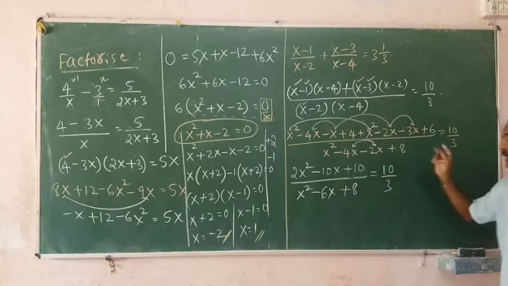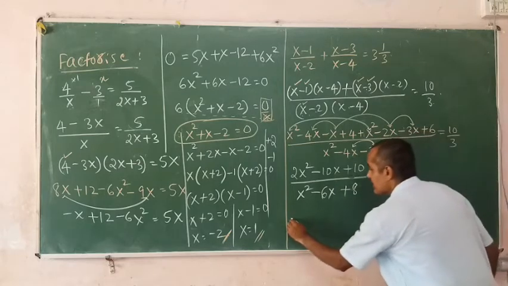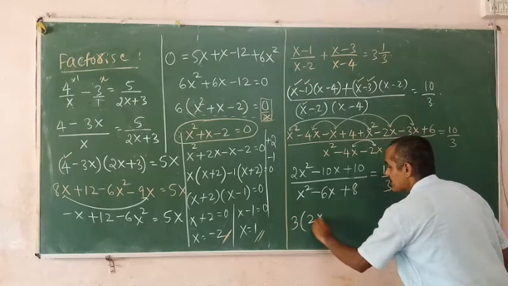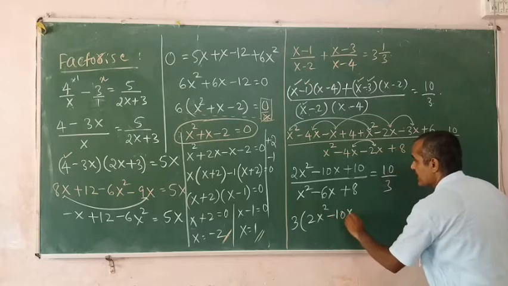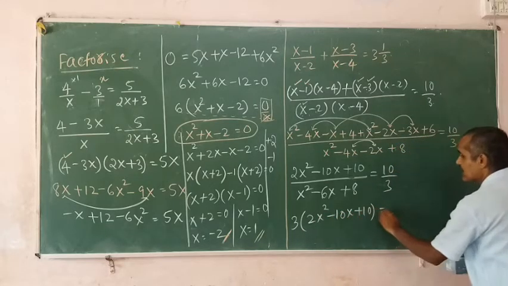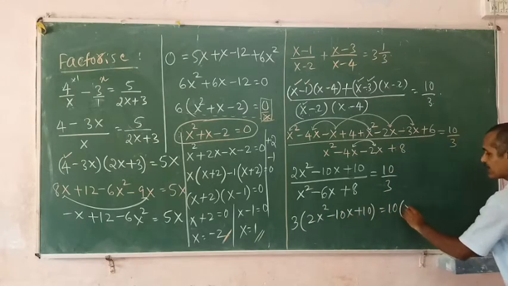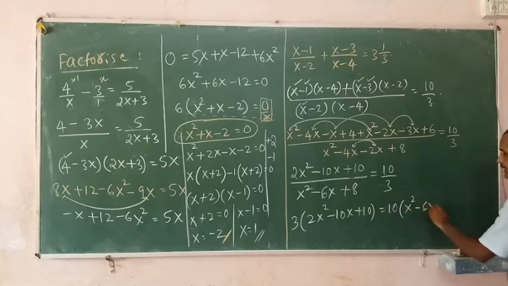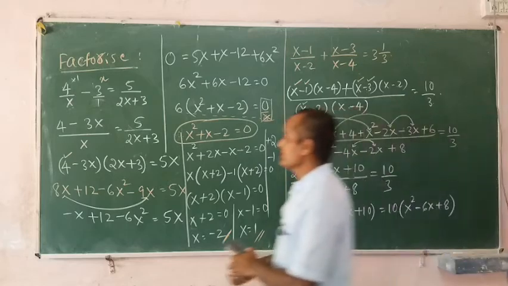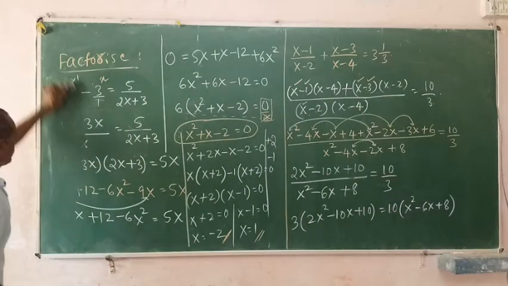Now it is cross multiplication. 3 into bracket 2x square minus 10x plus 10 is equal to 10 into bracket x square minus 6x plus 8.